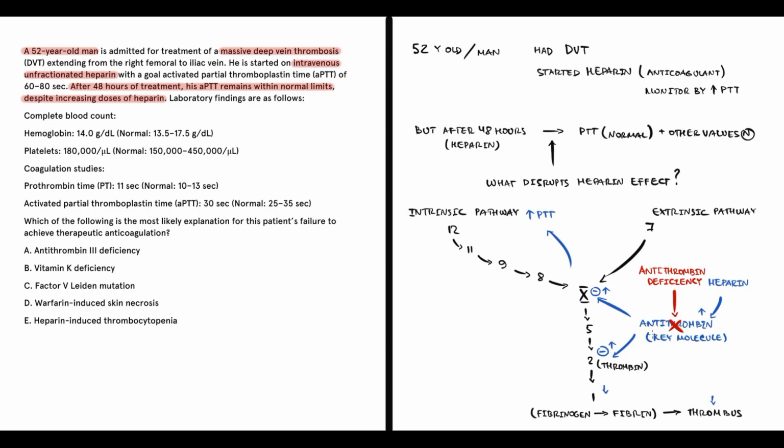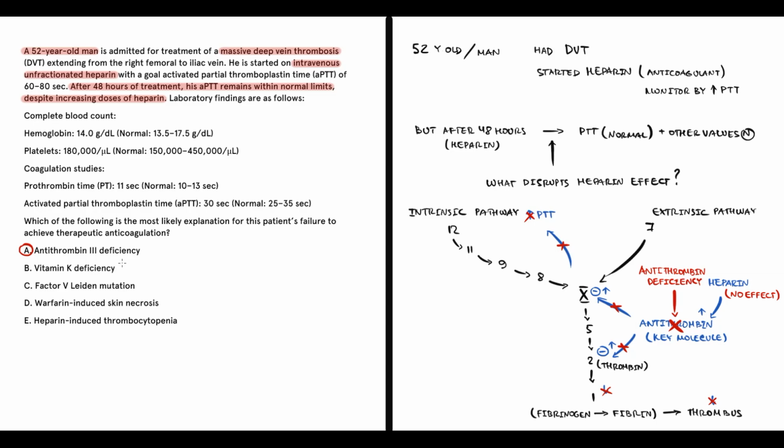So with antithrombin deficiency, partial thromboplastin time will remain normal, and thrombus formation will occur at the previous rate. So with antithrombin deficiency, heparin has no effect. So the correct answer here is antithrombin deficiency.